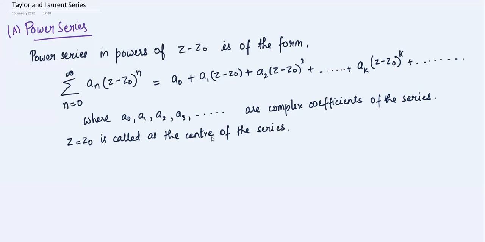So this is power series expansion about the center z equal to z naught. This is how it is defined. And when z naught equals 0, it is a power series expansion about the origin, and you will get a simple one.